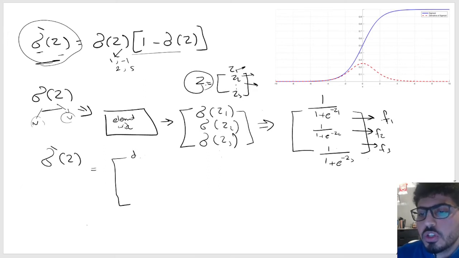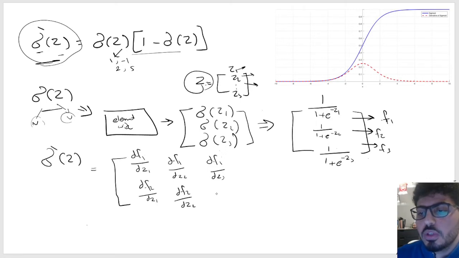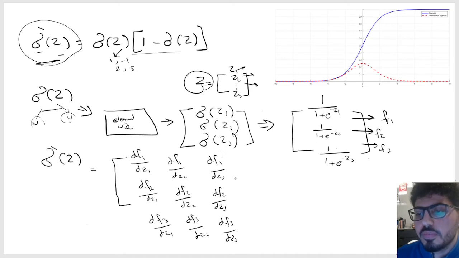That will be partial F1 by partial Z1, partial F1 by partial Z2, partial F1 by partial Z3, partial F2 by partial Z1, partial F2 by partial Z2, partial F2 by partial Z3, and partial F3 by partial Z1, partial F3 by partial Z2, partial F3 by partial Z3. This is called the Jacobian, or the matrix of partial derivatives. This is the Jacobian of the sigmoid function, or sigmoid prime of Z.